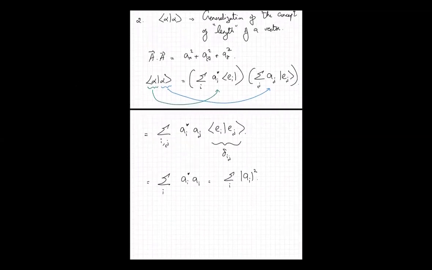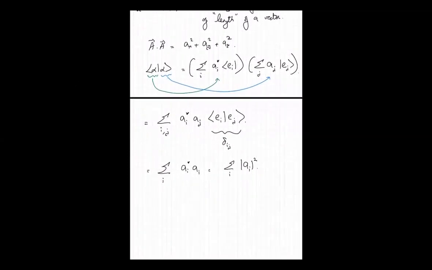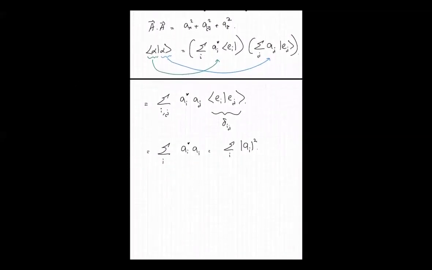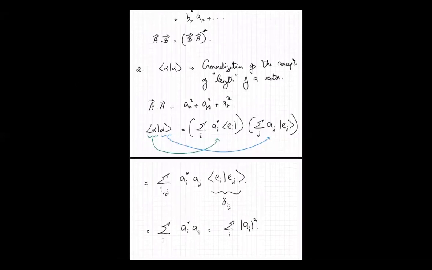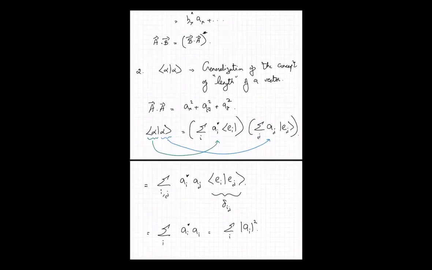Okay, what is mod ai square? It's a1 square plus a2 square plus a3 square and so on, which is exactly what you mean by the length of a vector, right? Ax square plus ay square plus az square. It is the absolute value squares of the components of a vector added together.